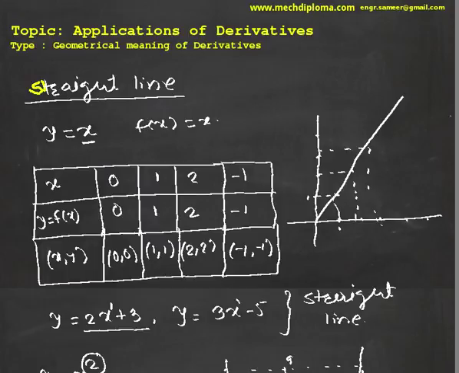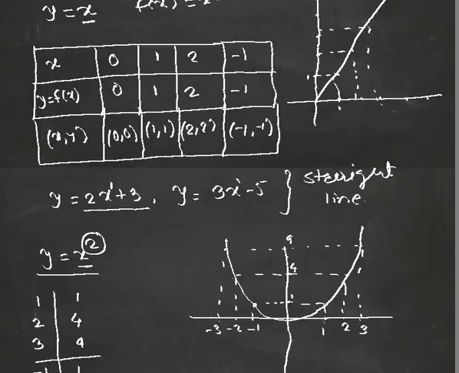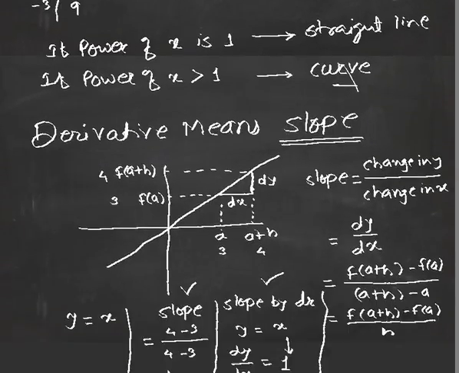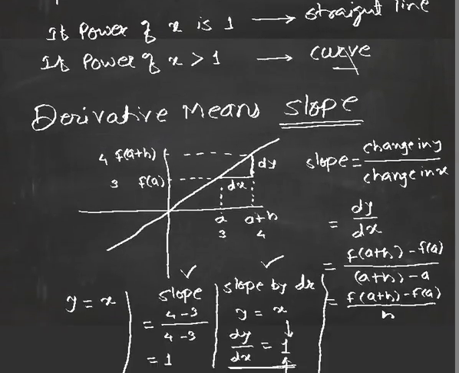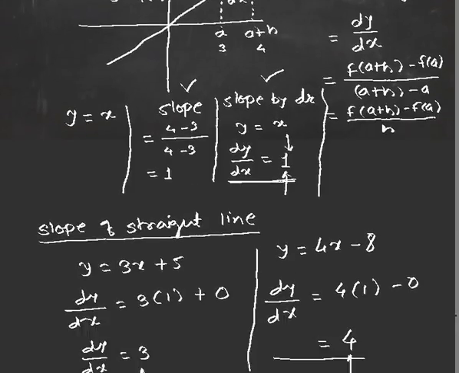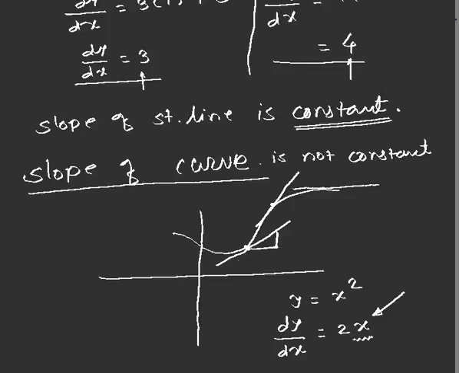So summarizing, an equation in which the power of x is 1 is the equation of a straight line. An equation which contains a power of x of 2 is a curve. We can find the slope of a straight line. It comes out to be a constant number, because the slope of a straight line doesn't change with points, whereas the slope of a curve is not constant at all points.